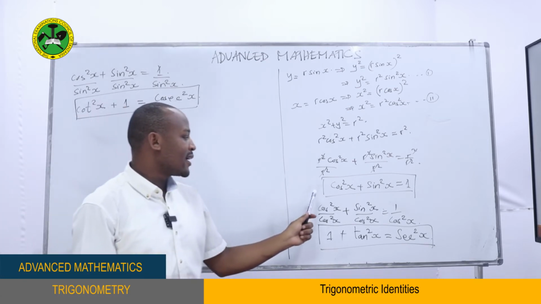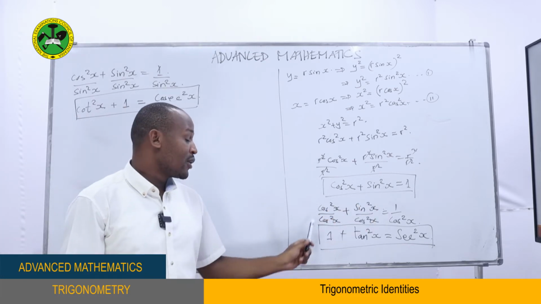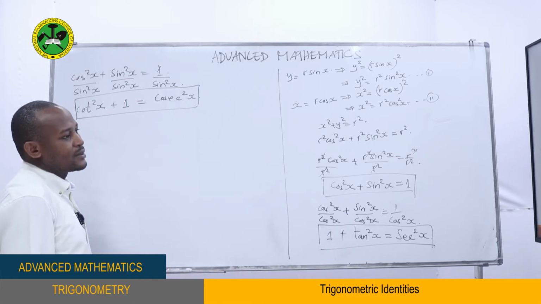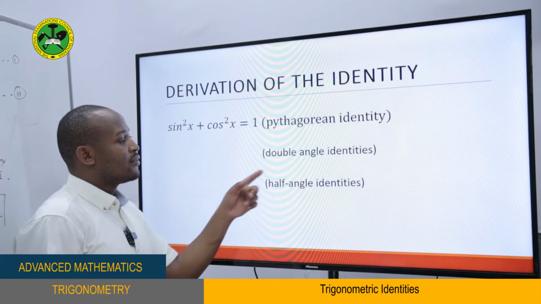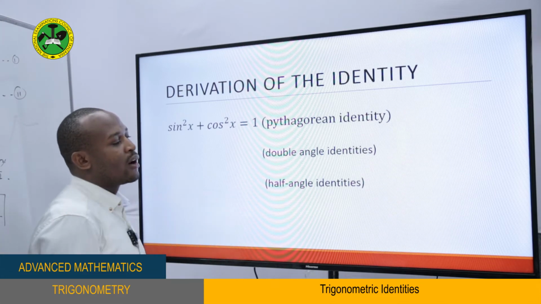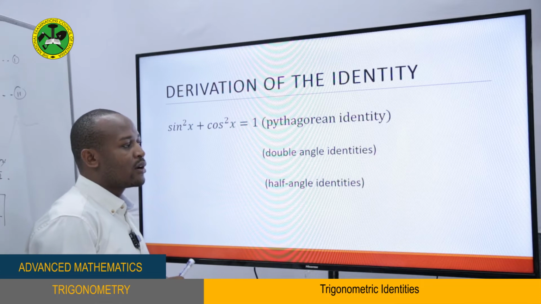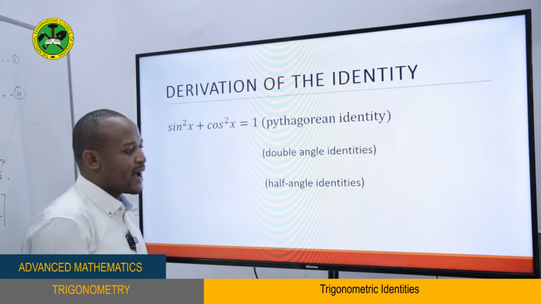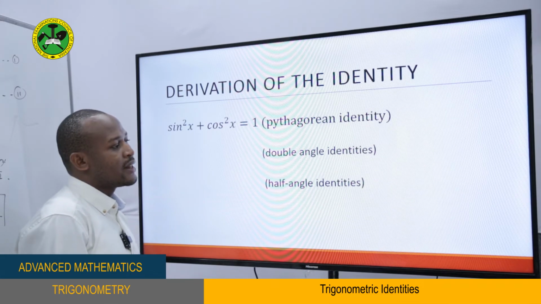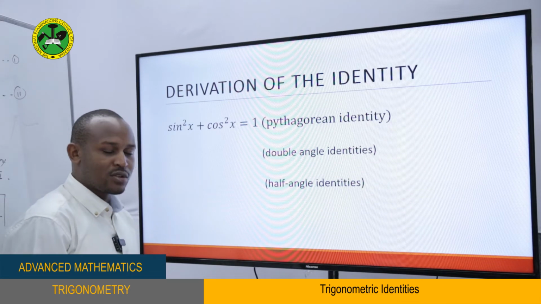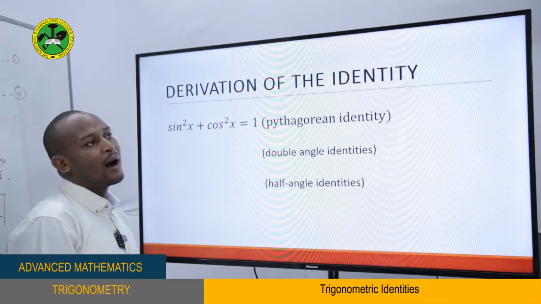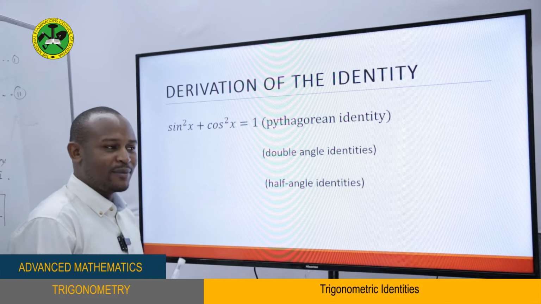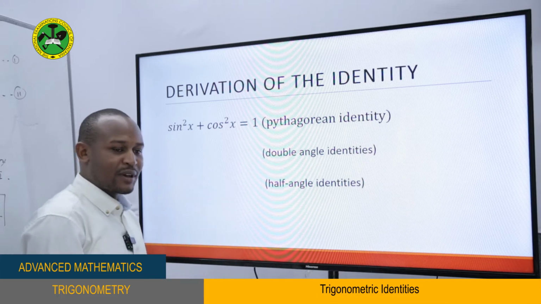As I said, we have other identities such as double angle identities, and I hope you know what double angle identities are, and we have half angle identities and other identities as you know they are there. Now let's see how we can solve or simplify or eliminate parameters as we go on. Let's go on.